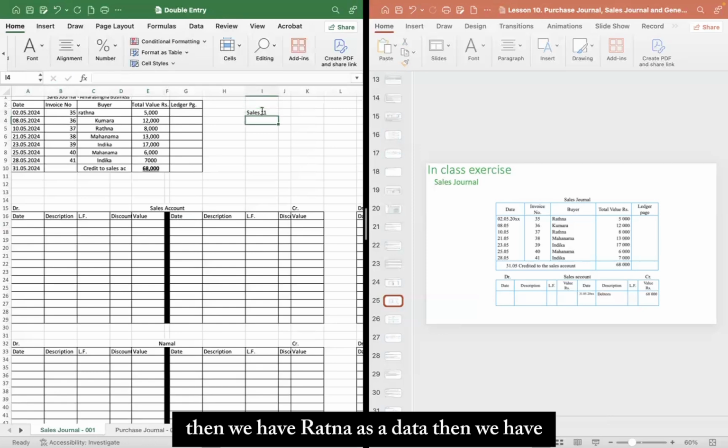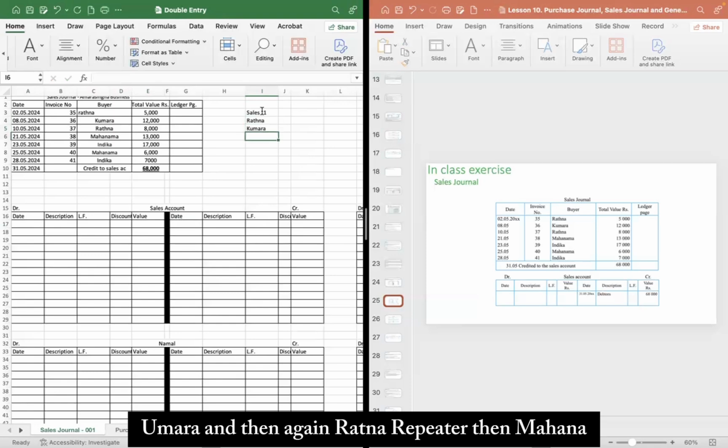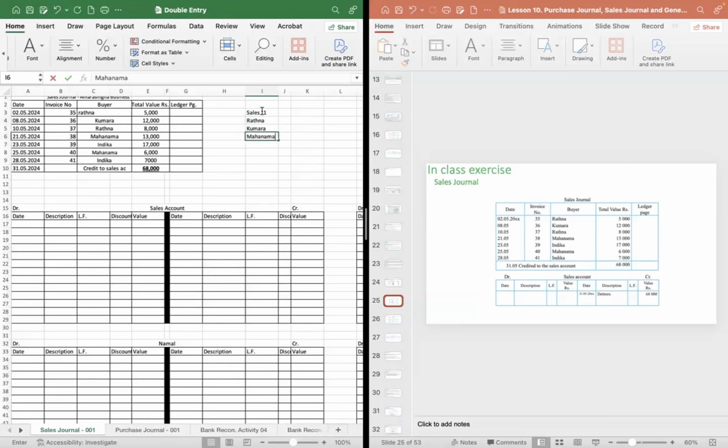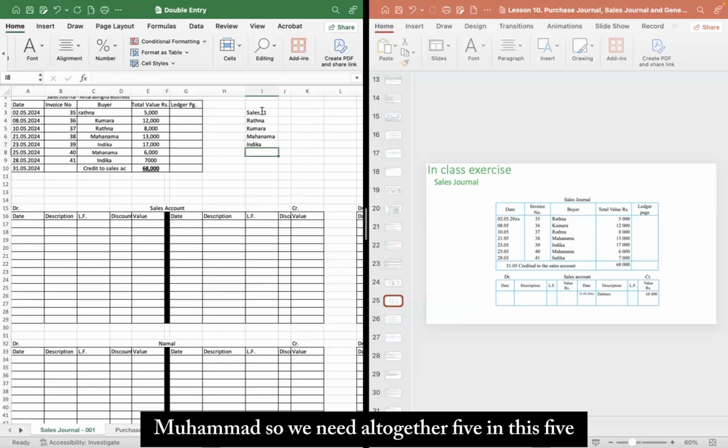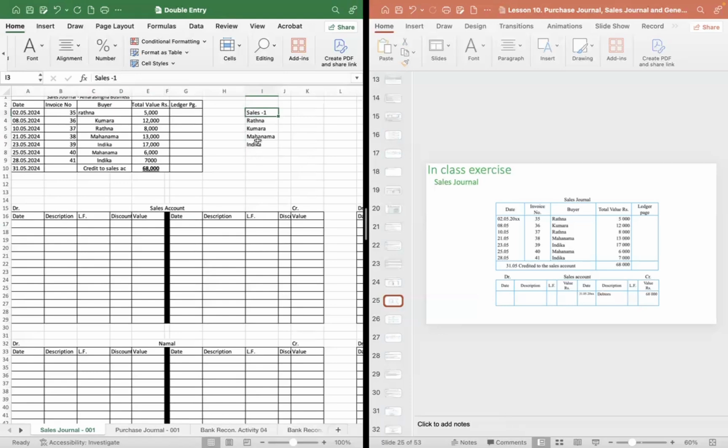Then we have Ratna as a debtor. Then we have Kumar. And then again Ratna repeated. Then Mahanama. Then Indika. Mahanama, Indika. So we need altogether 5. In this 5, one is the sales ledger account. The other is for the debtors account.